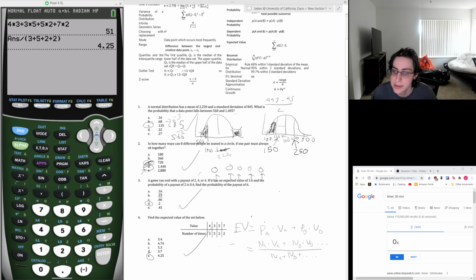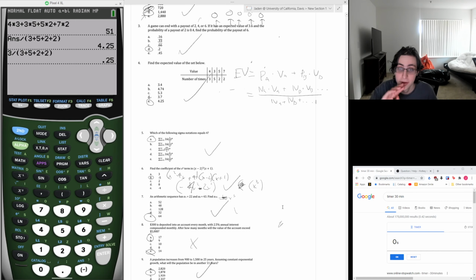This works because NA divided by the sum of all of these is the same as the probability of A. 3 divided by 3 plus 5 plus 2 plus 2 gives us 0.25, so the probability of this event happening is 25%. Okay, next problem.